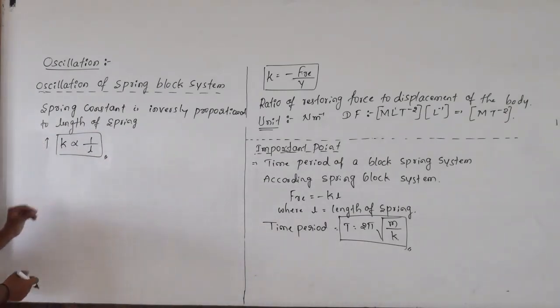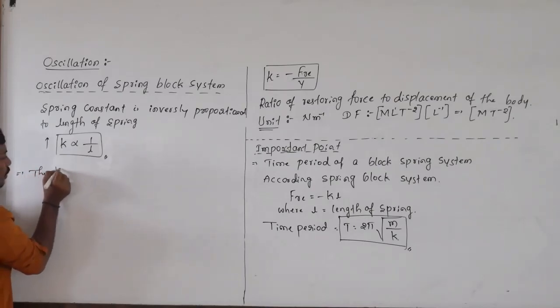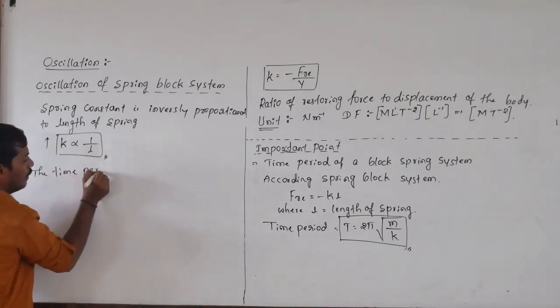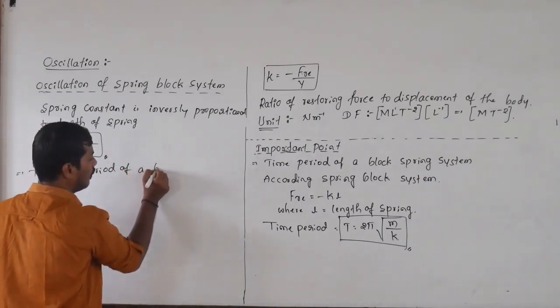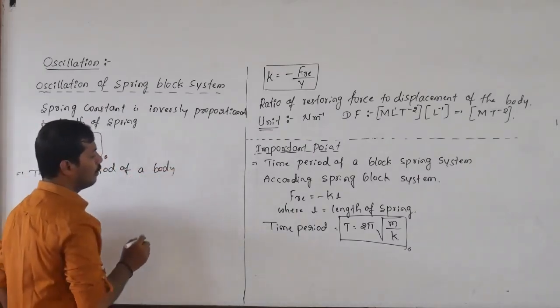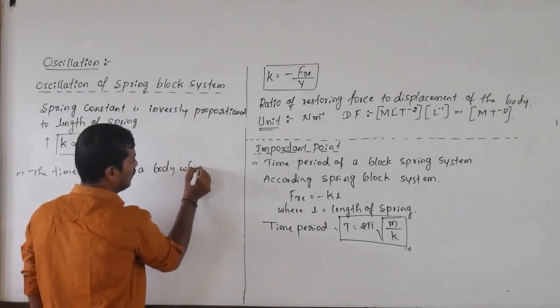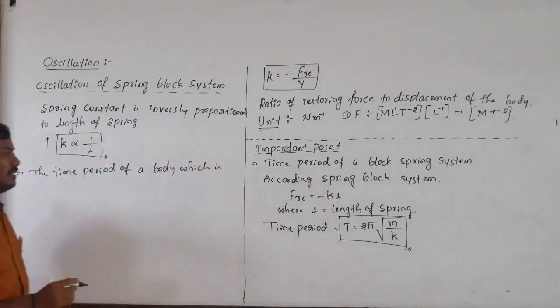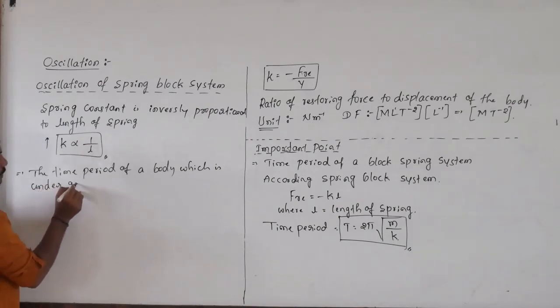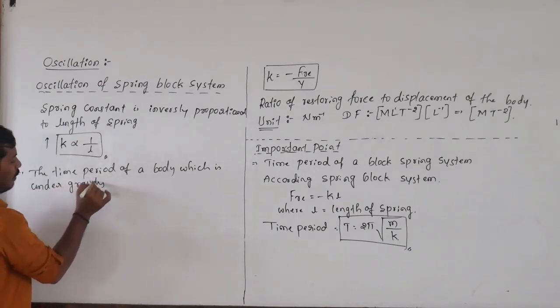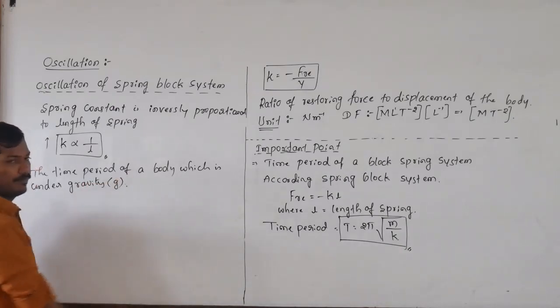Now, the next is the time period. Come to the time period. What about the time period? Next one is the time period of a body which is under gravity, that is g.